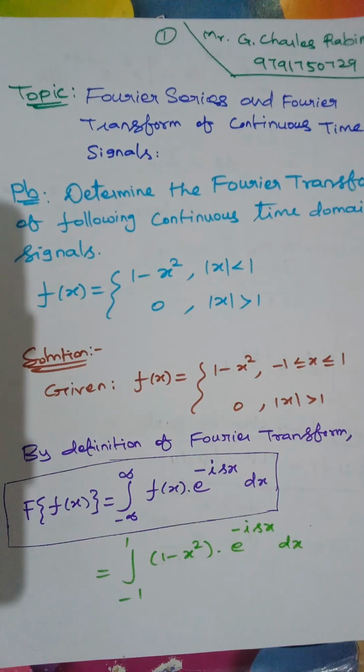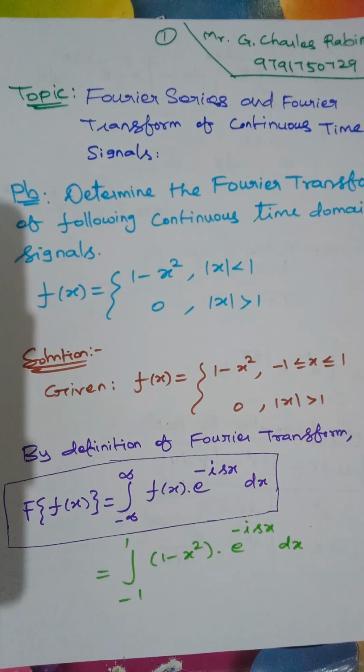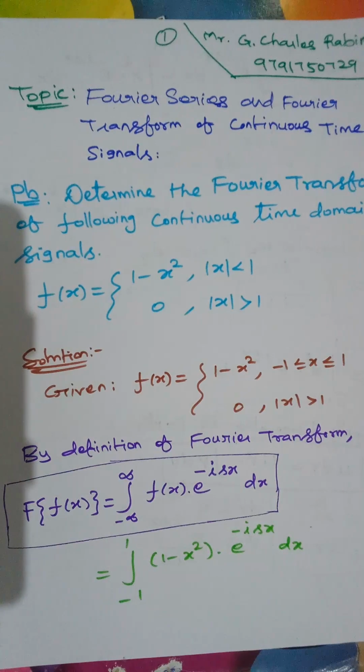So by the definition of Fourier transform, capital F of s is equal to the integral from minus infinity to plus infinity of f of x e power minus isx dx. Some of the books use omega or t instead, so whatever it may be, no problem.